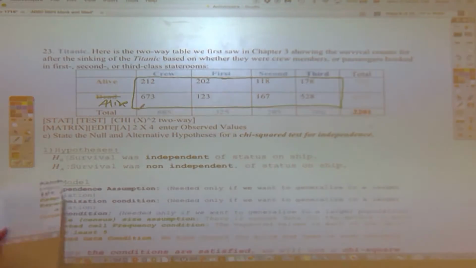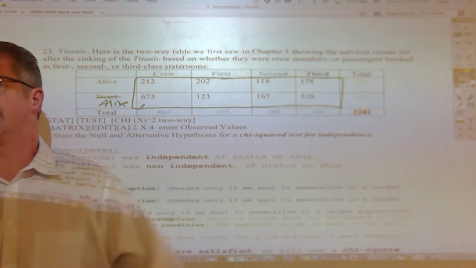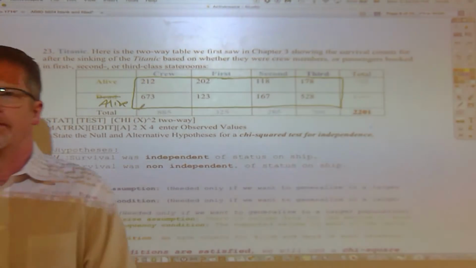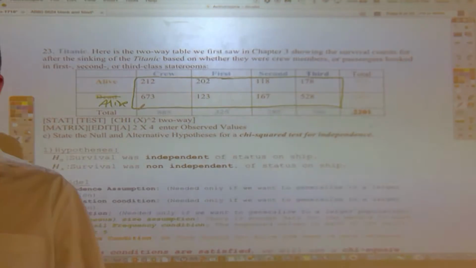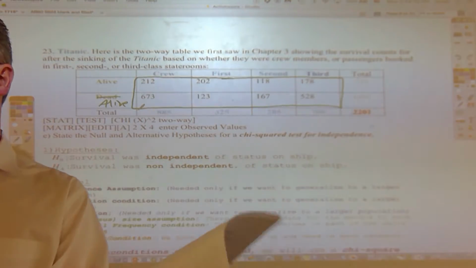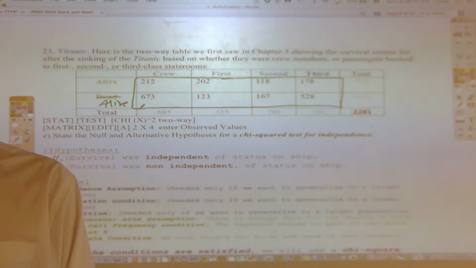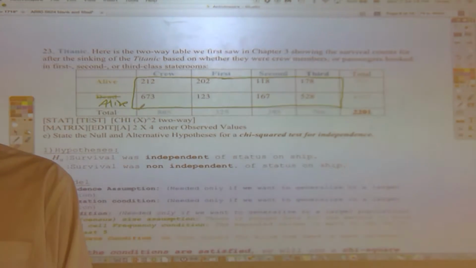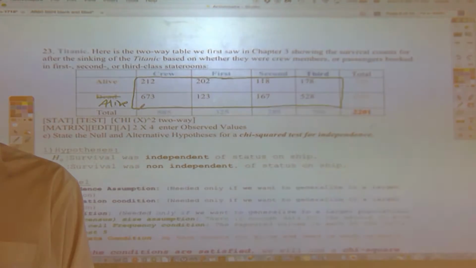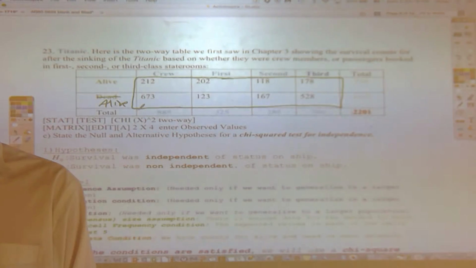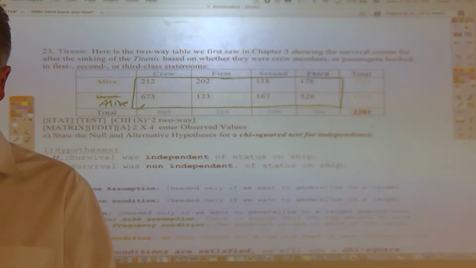And we want to see if there's a difference in survival rates. And so the word homogeneous brings up the idea of same. Are the distributions the same, or are they different? Are the survival rates the same or different?